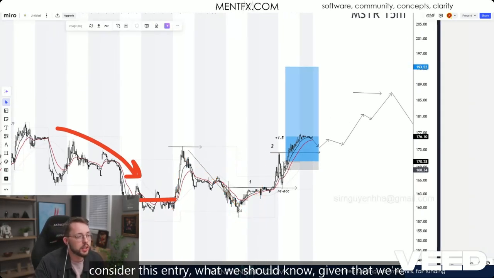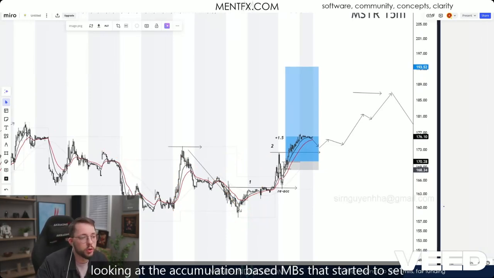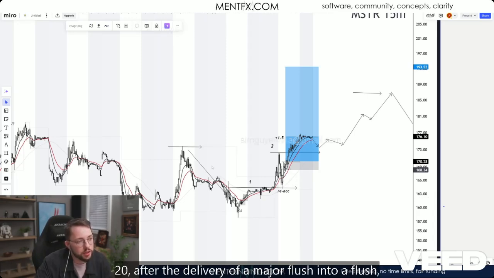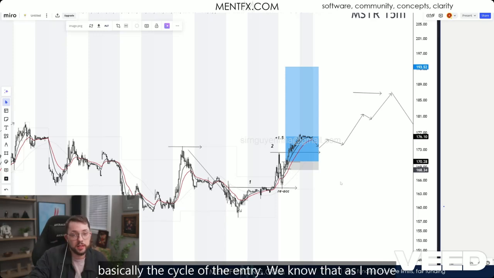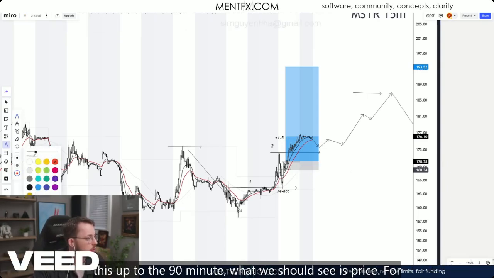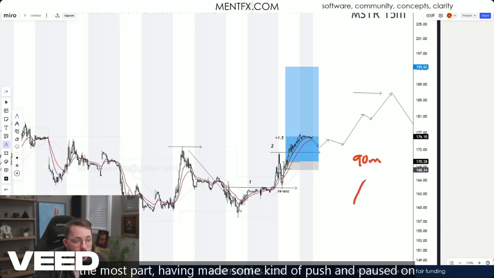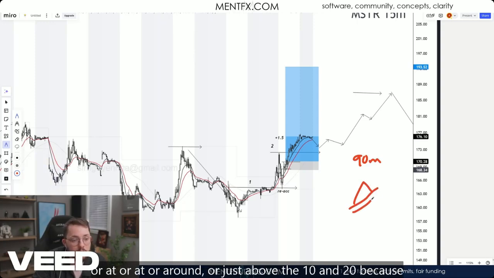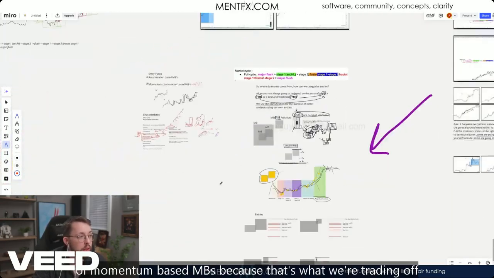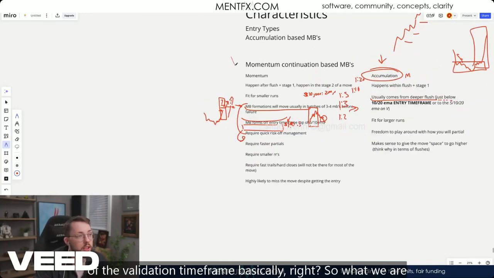But now, if we look at and consider this entry, given that we're looking at the accumulation-based MBs that started to set up at or around the flush into that stage one, at the 10 and 20, after the delivery of a major flush into a flush, basically the cycle of the entry, we know that as I move this up to the 90-minute, what we should see is price, for the most part, having made some kind of push and paused at or around or just above the 10 and 20, because we know that these flushes are part of the characteristics of momentum-based MBs, because that's what we're trading off of the validation timeframe, basically, right?